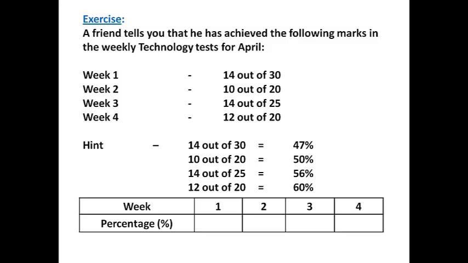Once you have done so, complete a simple line graph to demonstrate your friend's performance. Once you have drawn your line graph, use the graph to answer this very important question. Is your friend's performance improving or not?